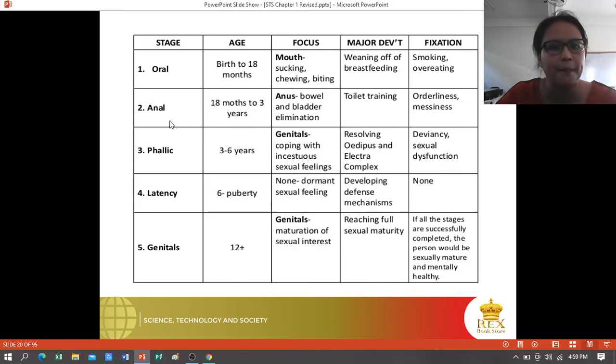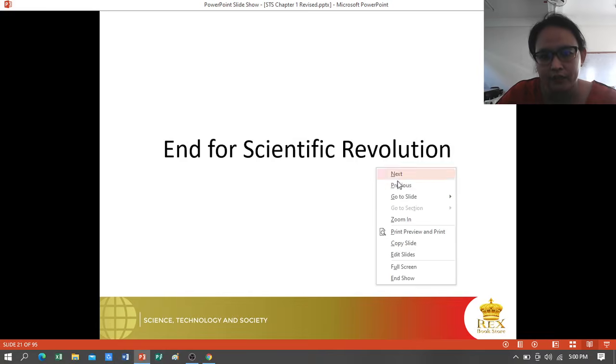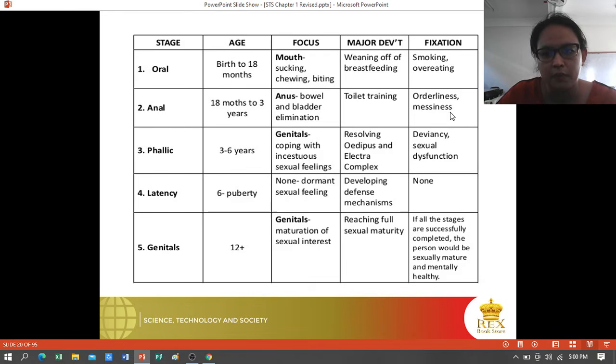Okay, another is, for example, in your 18 months to 3 years, this is the anal stage. Okay, so you are doing bowel and bladder elimination. So for this, you must have a proper toilet training. So if you don't have a proper toilet training, when you reach an age of maturity, it will show in the orderliness and messiness.